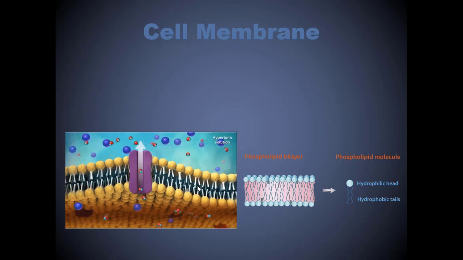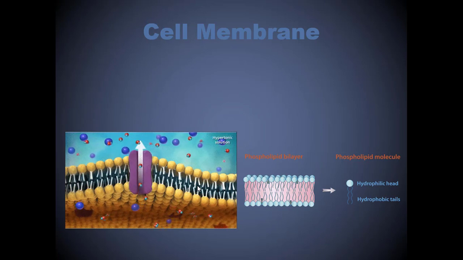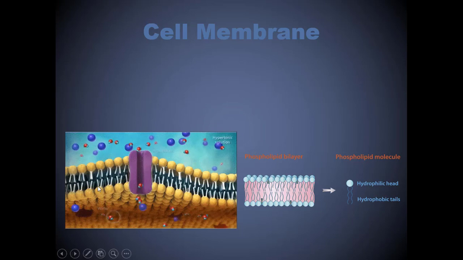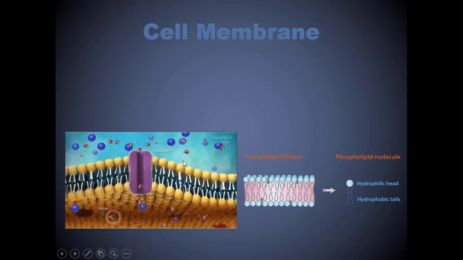Alright, so we can see the structure of the cell membrane in this animation, and as a boundary or a layer or some kind of thin wall surrounding the cell, it is going to permit some materials to go in and out of the cell.